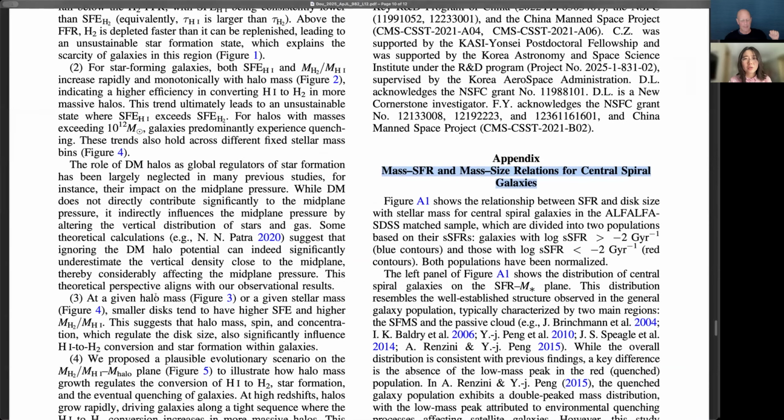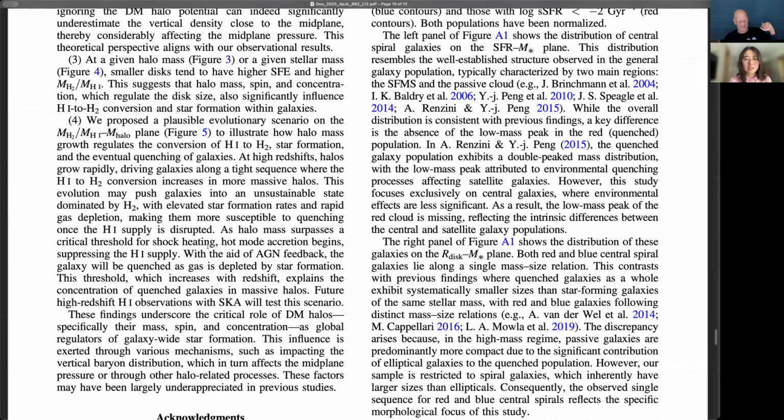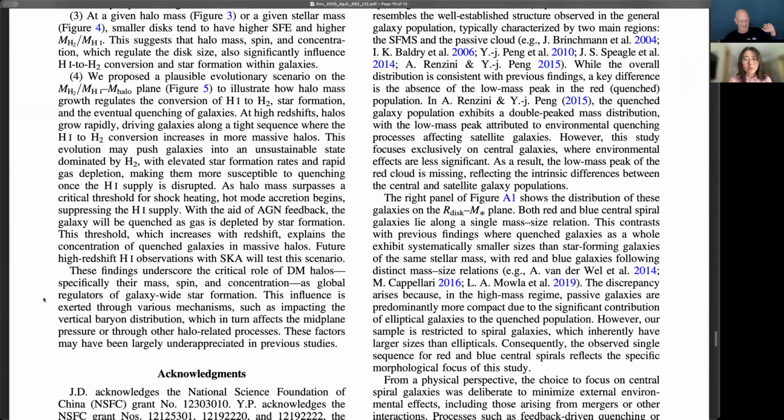So we propose a plausible halo-regulated evolutionary scenario in this paper. Hopefully these results shed some light on how dark matter interacts with the gas and the star formation. And we also hope this can motivate some further investigation for the community.